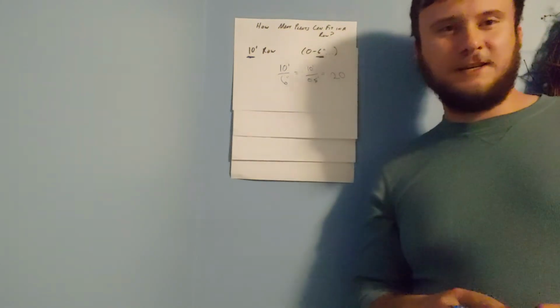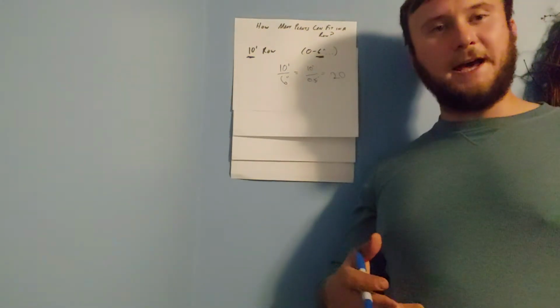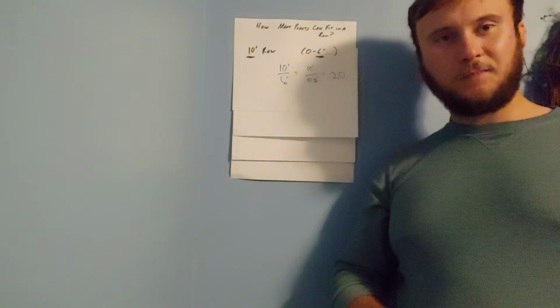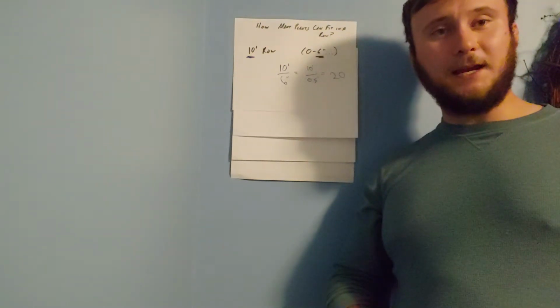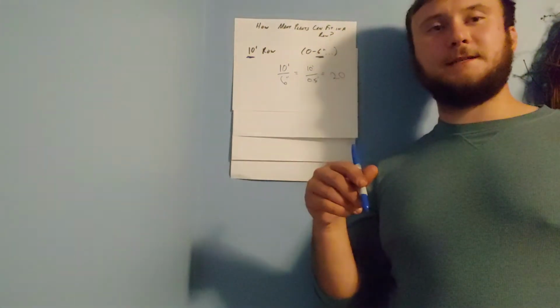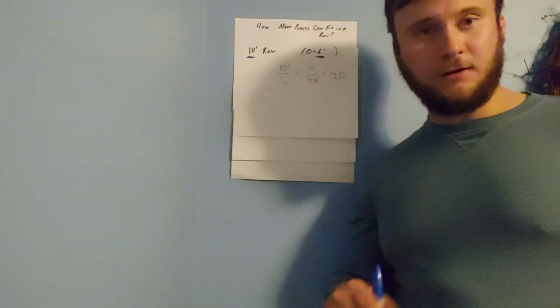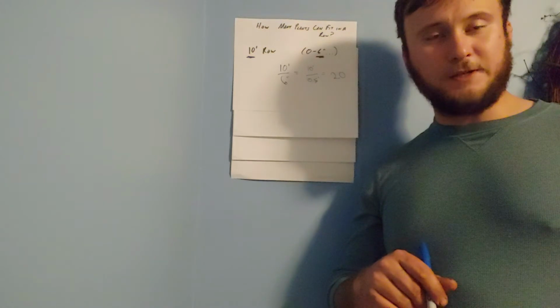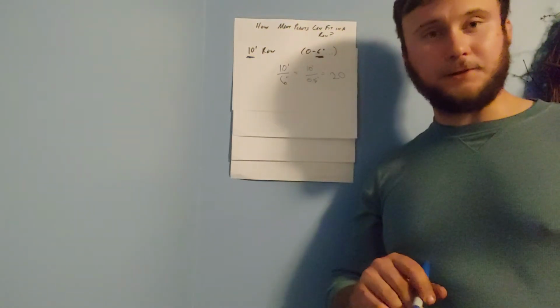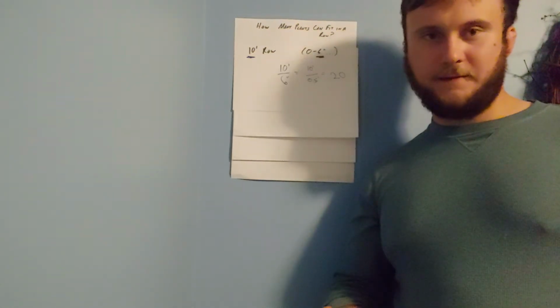Okay? So 10 divided by 1/2 is 20. That means you're going to need 20 plants to fill up that 10-foot row based on your garden sequence, or the garden architecture that you've laid out for yourself.